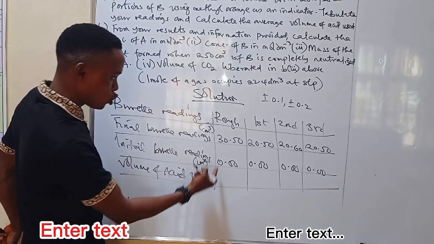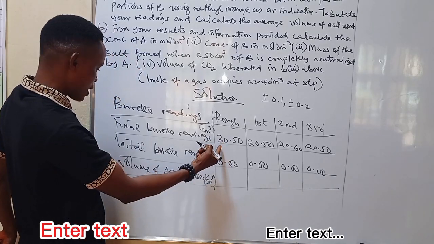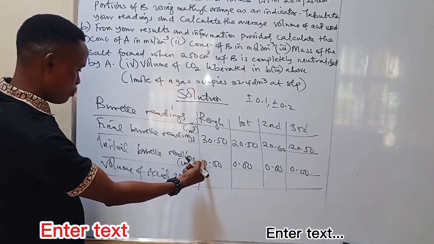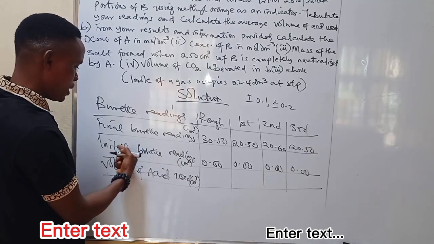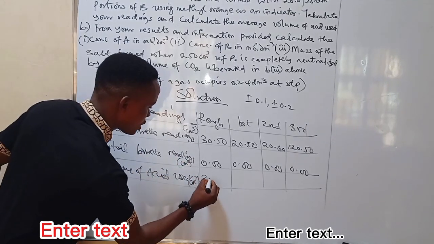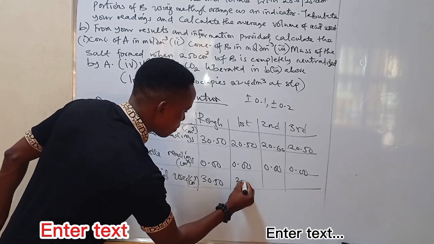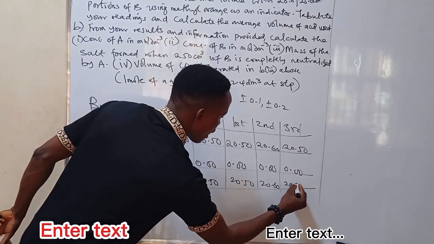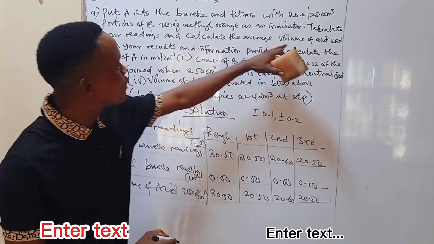The volume of acid used is gotten by subtracting the initial burette reading from the final burette reading. So you have 20.50, 20.60, 20.50. Calculate the average volume of acid used.